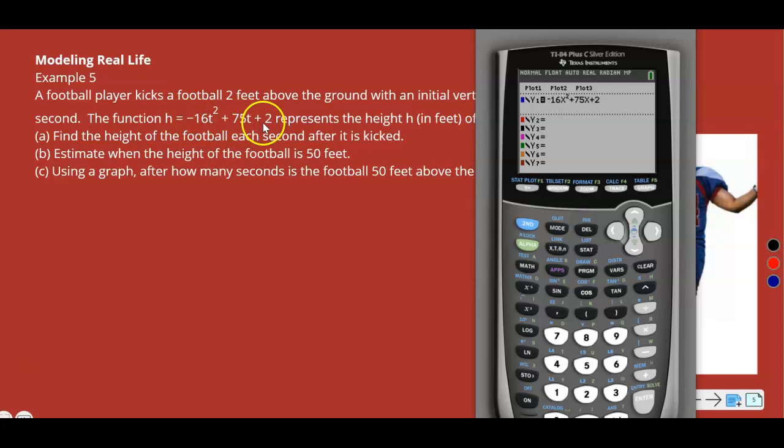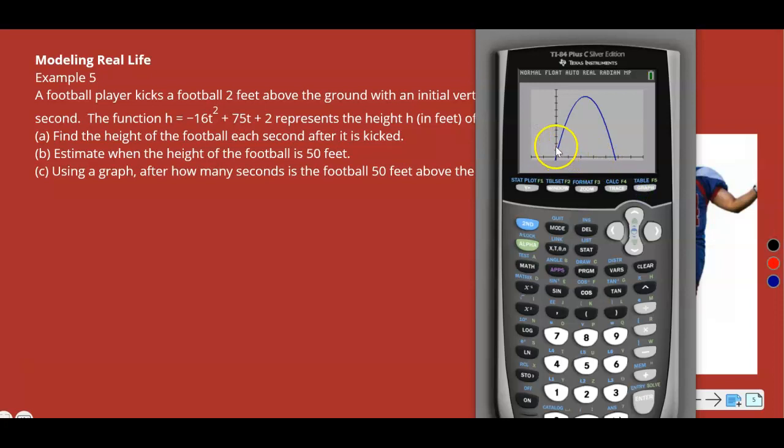That's the function given. I've also changed the window. My x's are going from negative 2 to 7, and my y's are going from negative 5 to 100. I'm also using a scale of 10. So even though it goes up to 100, it's going to look like 10, but it's because it's going by tens.